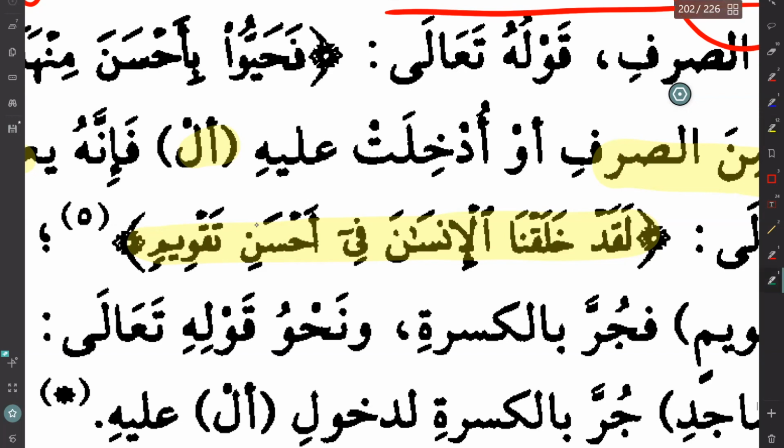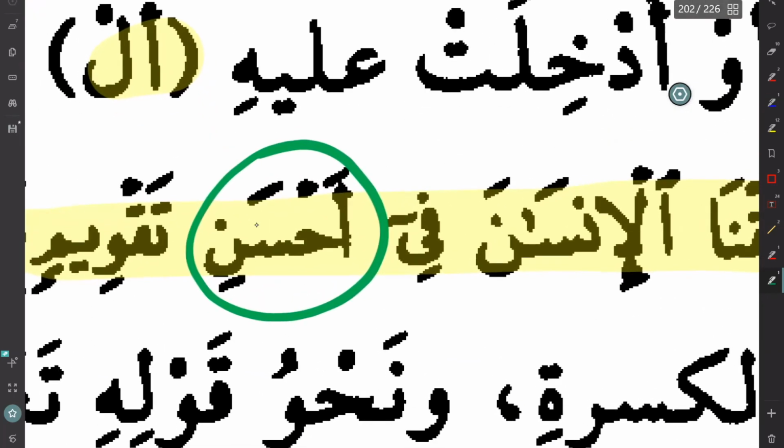Yes, excellent. Ahsan. That is the word. Why? Because it is on the pattern of af'al. So is it the alam or sifa? It is the sifa, right? Excellent. So as you know, all this time we've learned that mamnu min as-sarf doesn't take kasra.